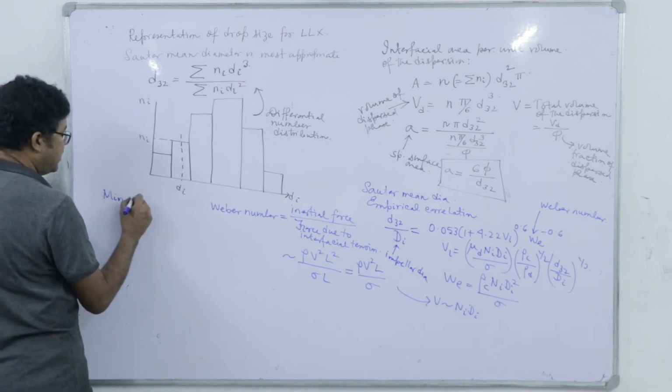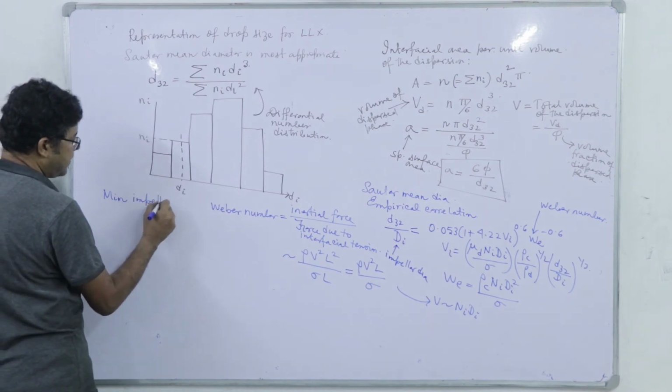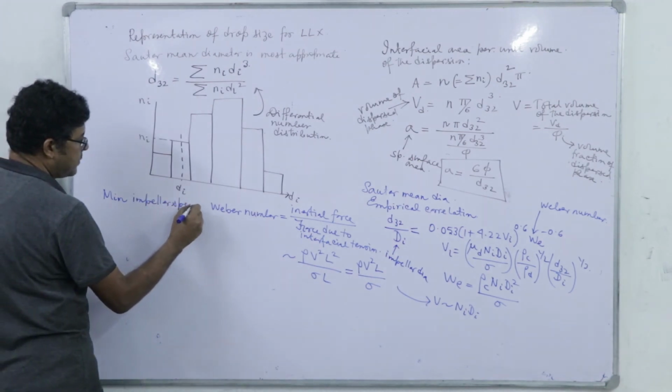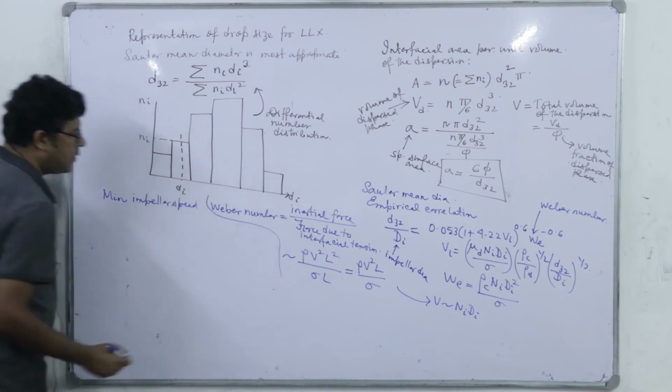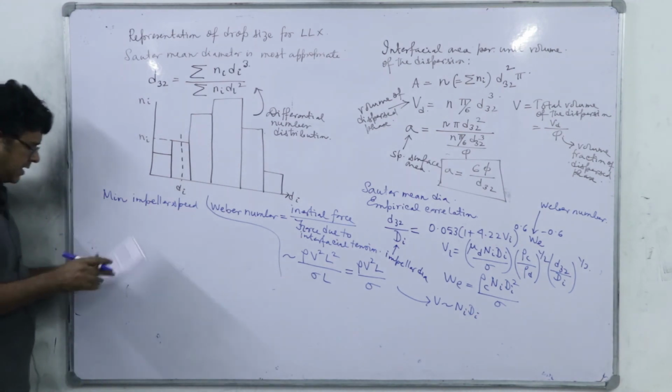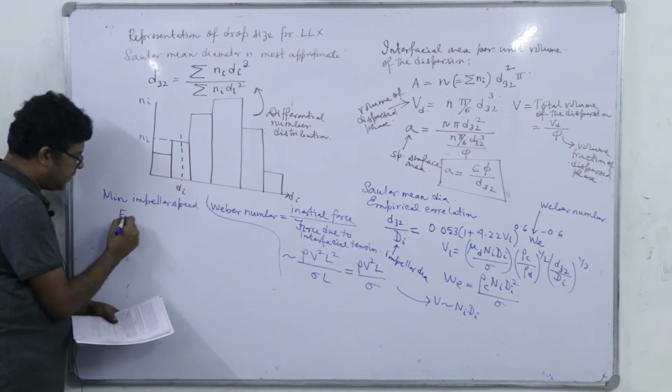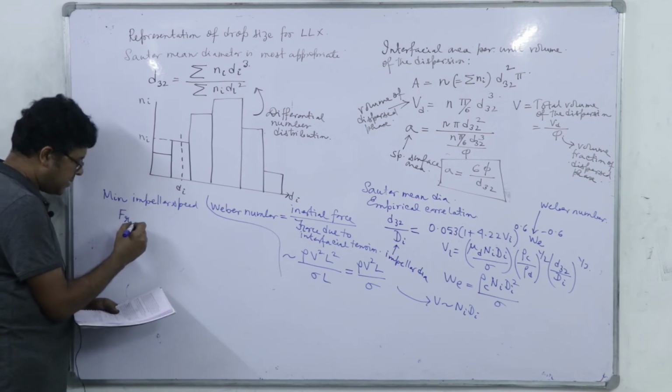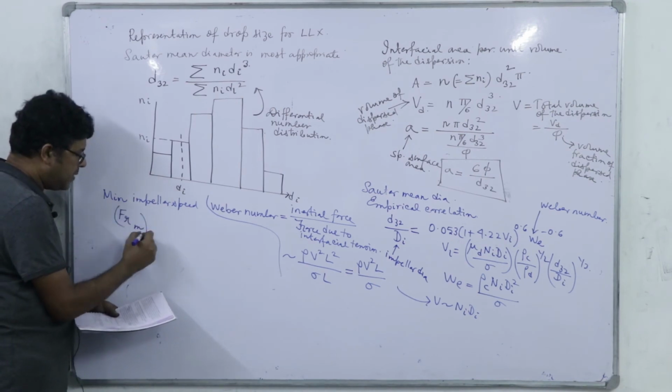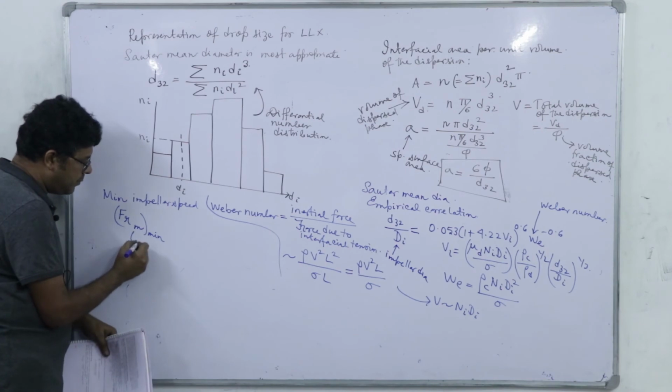Now, minimum impeller speed. So, for minimum impeller speed again, this is Fr m minimum. What is Fr m?